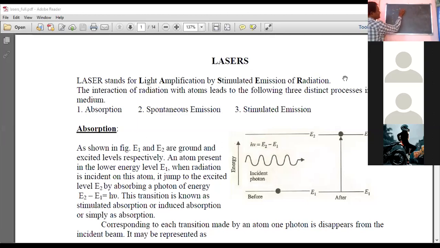L stands for light, A stands for amplification, S stands for stimulated, E stands for emission, R stands for radiation. So laser is an acronym for light amplification by stimulated emission of radiation.